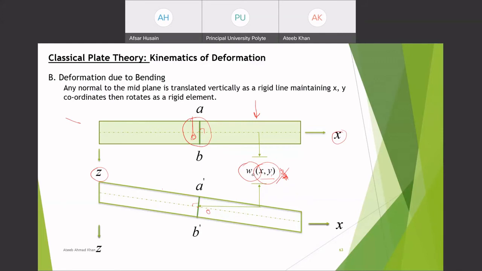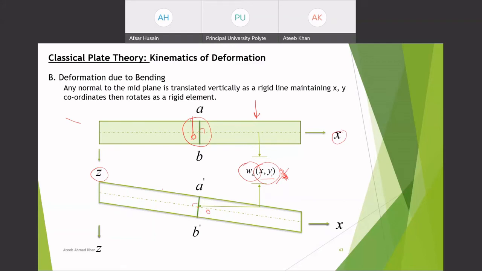In the first step, the transverse normal is translated vertically downwards, because the load is applied in the positive z direction, as a rigid line maintaining x and y coordinates. The x and y coordinates are the same, only the z coordinate is changing, and then the transverse normal is getting rotated.